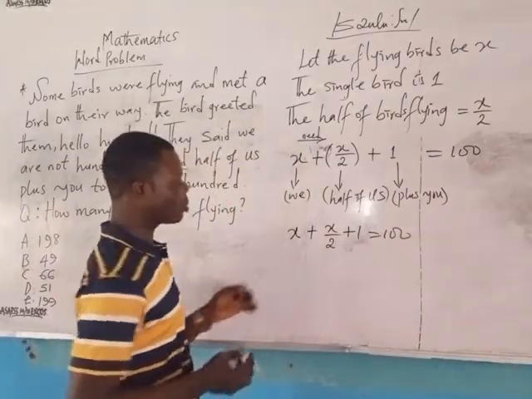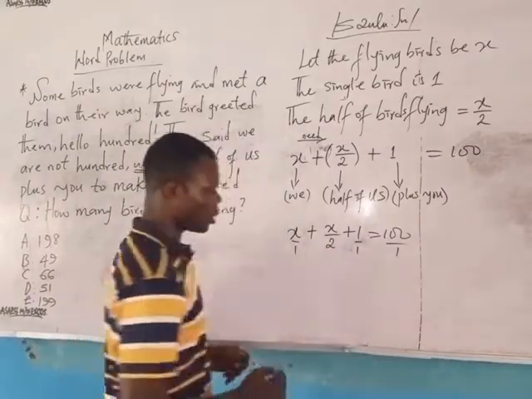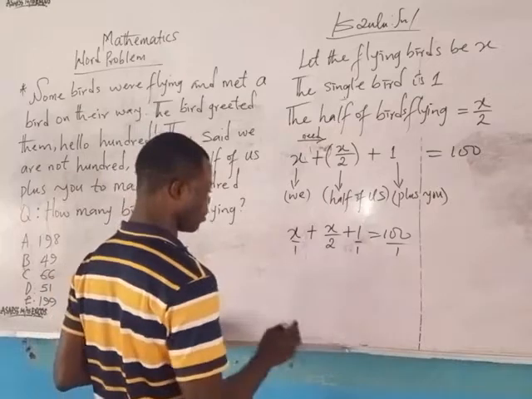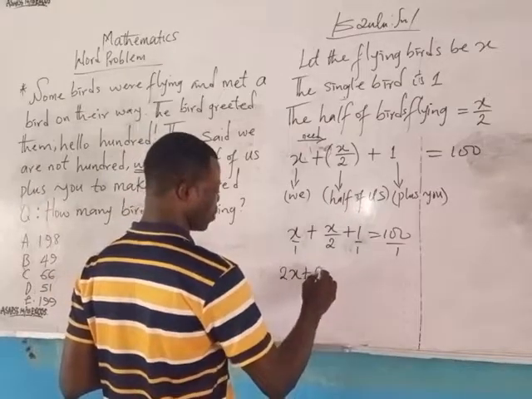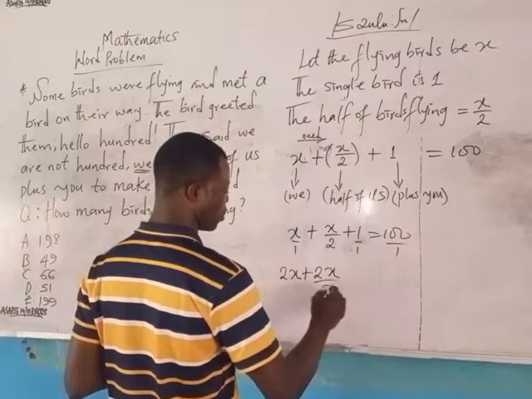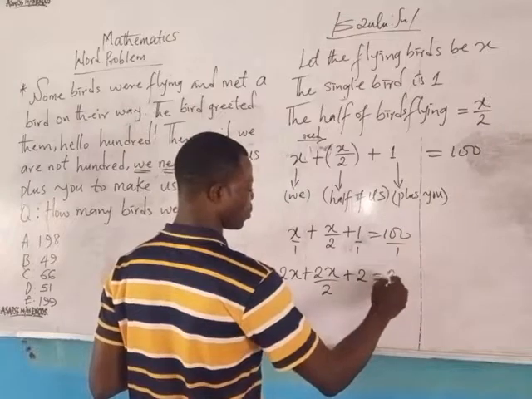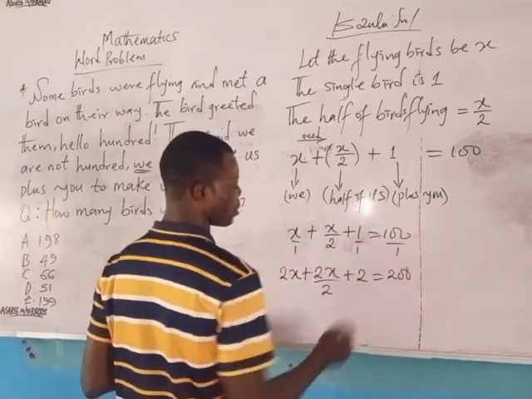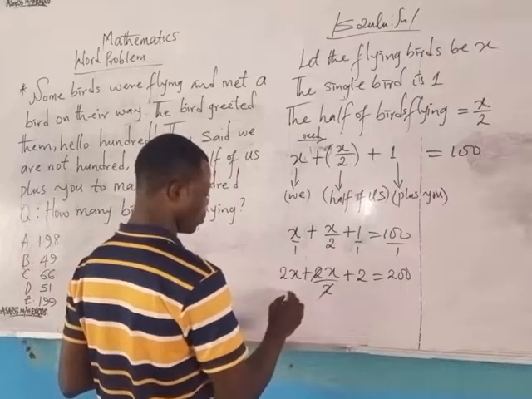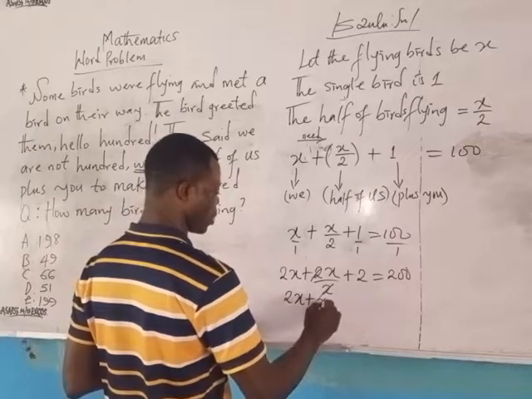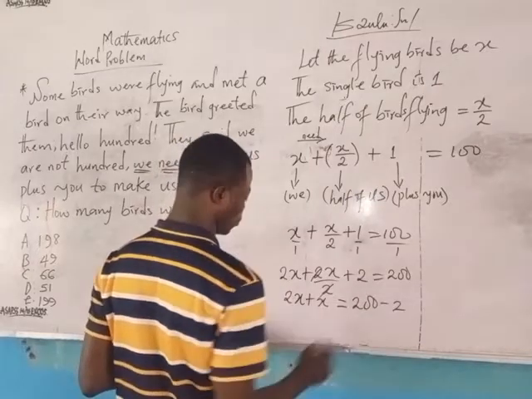This is a mathematical expression. We can just multiply everything by 2. So if you multiply everything by 2, we are going to have 2x plus 2x over 2 plus 2 times 1 equal to 200, that is 2 times 100. So this will cancel. We now have 2x plus x equal to 200 minus 2.